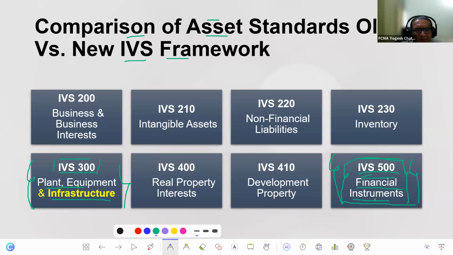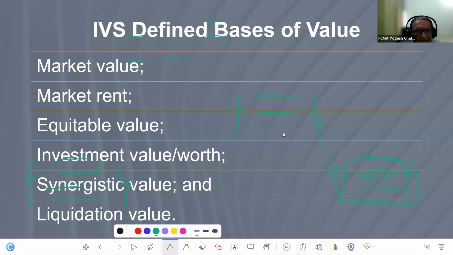It is very important to go through IVS 500. Apart from that, amendments are there in all the remaining six asset standards, but those amendments are not comprehensive in nature. No major changes, but changes are always there when a new version of IVS is published.